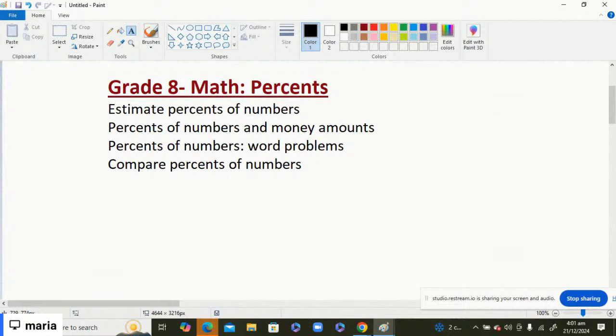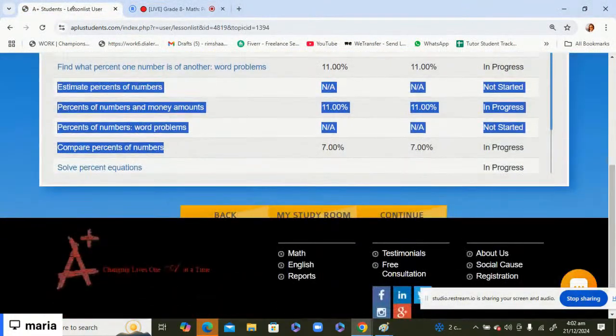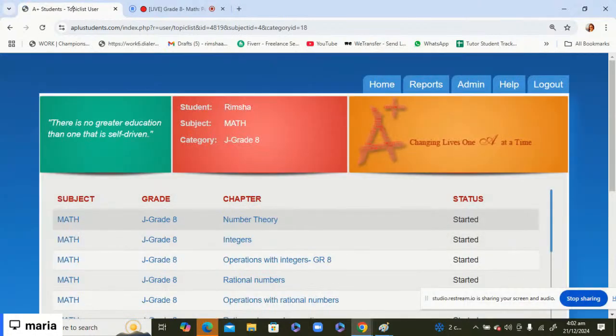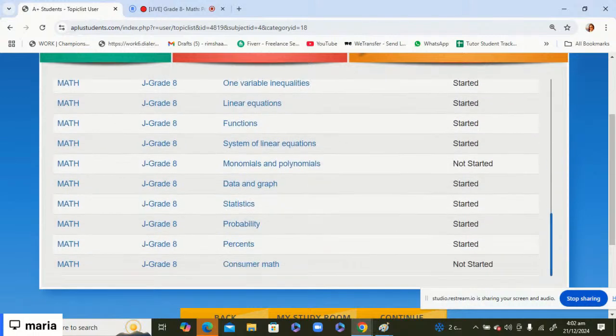You can find all the lessons on aplusstudent.com. You have to log in using the email and the password provided by the administrator. Go to the subject tab, select maths from there, scroll down to grade 7, grade 8, sorry, and here is the list of the chapters. So we are on the chapter that is percent.